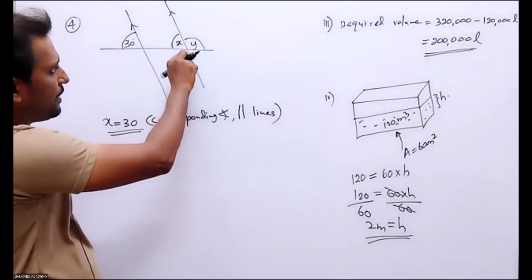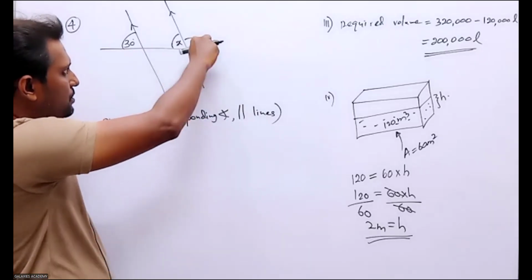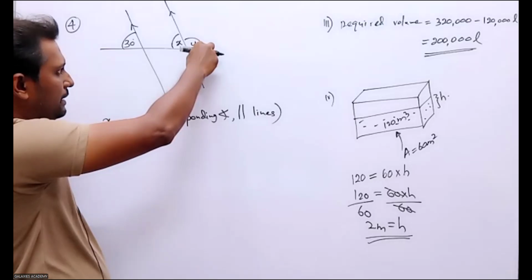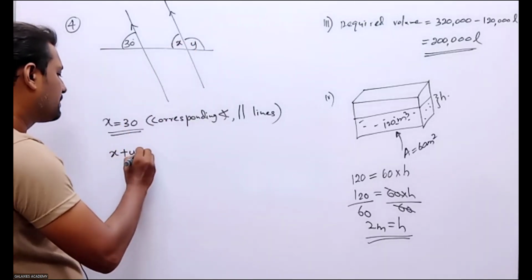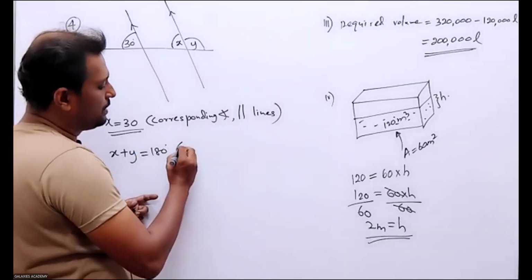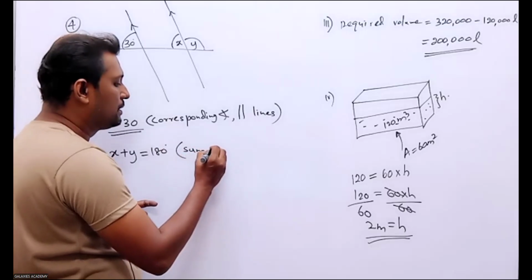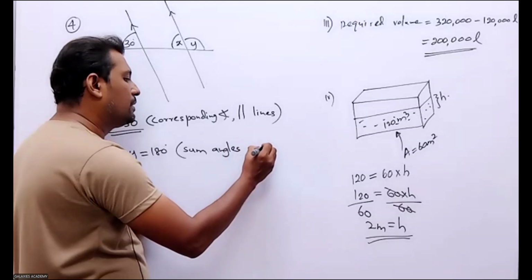Then how can you find y? This line is a straight line, no? So these two should sum to 180. So I can write x plus y equals 180 because they are angles on a straight line.